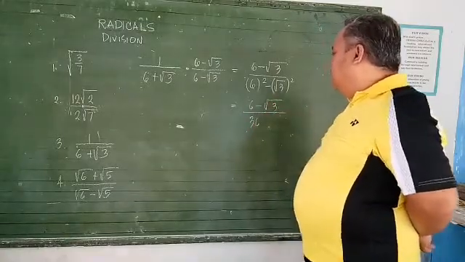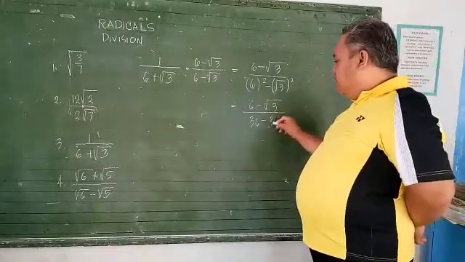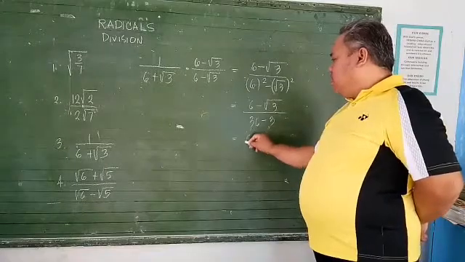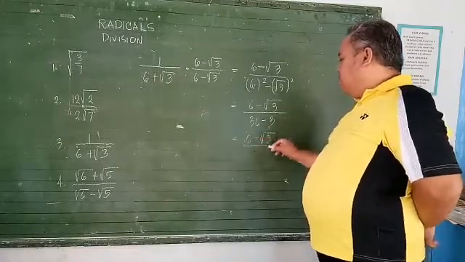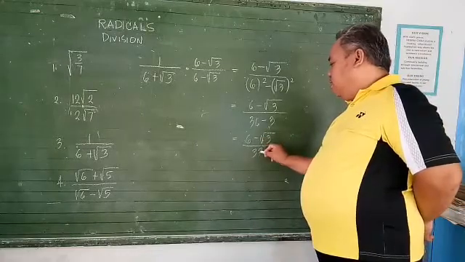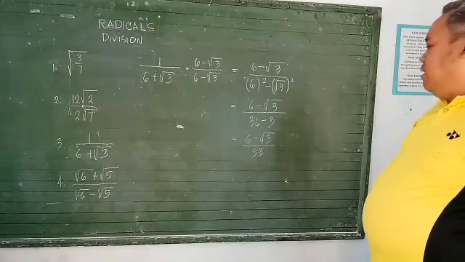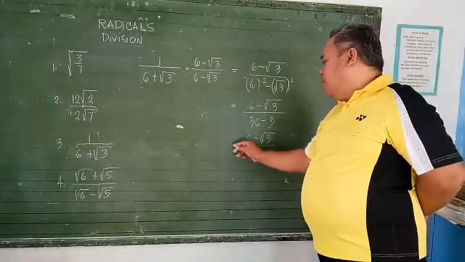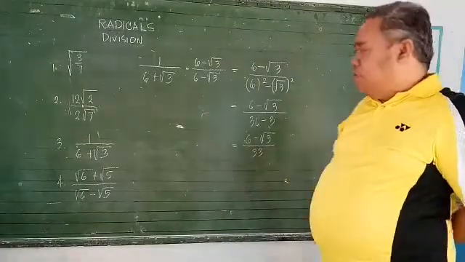And then square of square root of 3, that is negative 3. So it will give you 6 minus square root of 3 over 36 minus 3, that's 33. Okay. So that will be the answer for number 3. That's the simplified quotient.